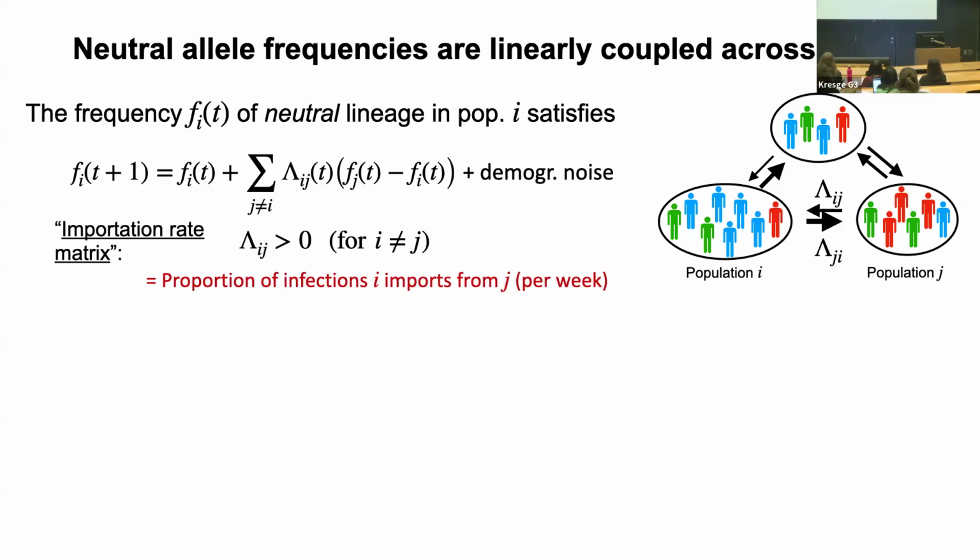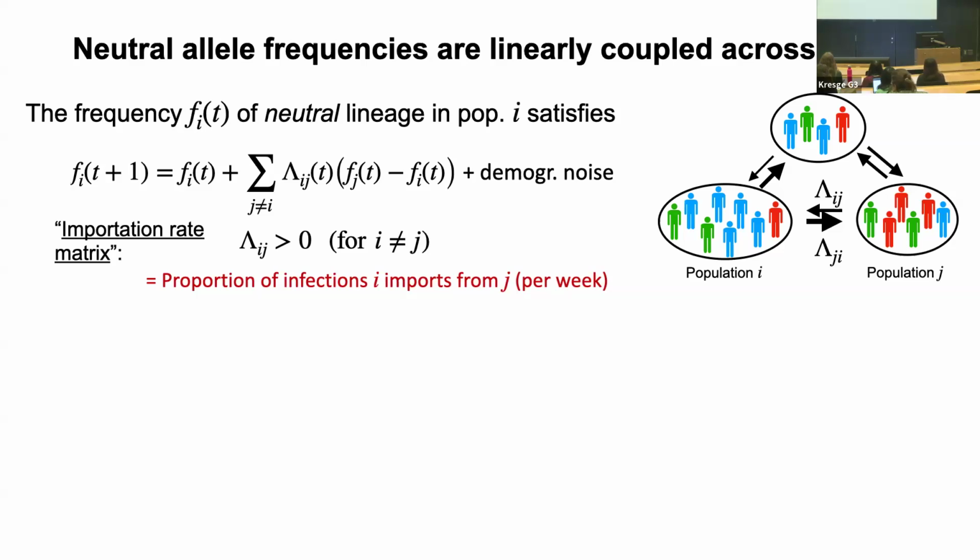So our discretization is always a week, and this equation says that the frequency of a given variant in population i in the next week is the same as the frequency in the previous week, apart from two things. One is, of course, demographic noise. That's not the focus of this study, but it's of course there. That's a random change.